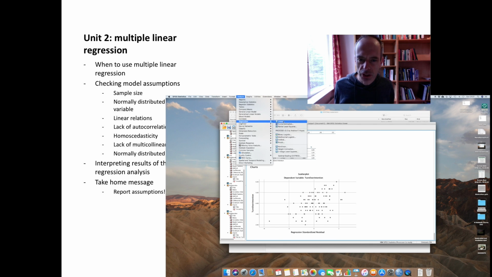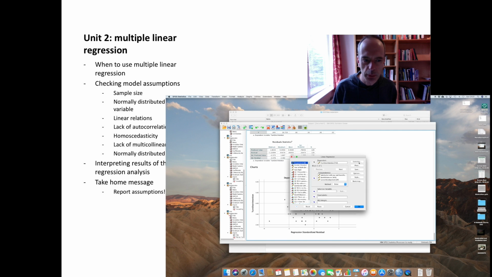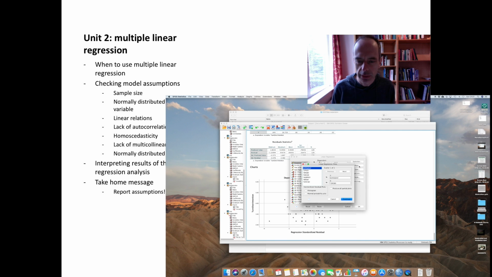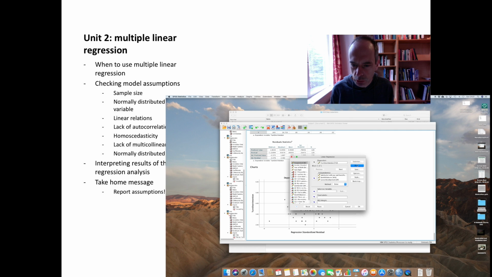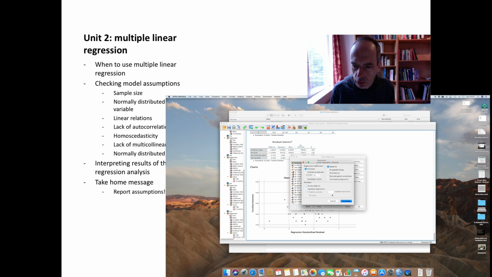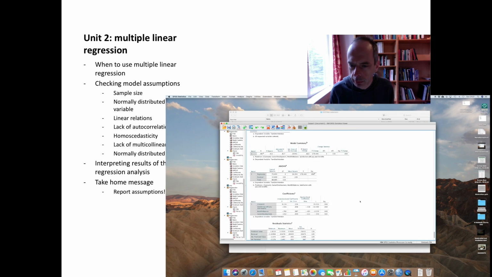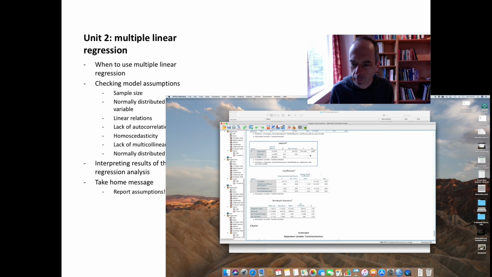So now that we have checked all model assumptions, we can actually carry out the regression analysis. We do that by choosing the appropriate dependent variable, which is turnover intention, and the independents. We choose model fit and R-squared diagnostics and carry out the analysis.